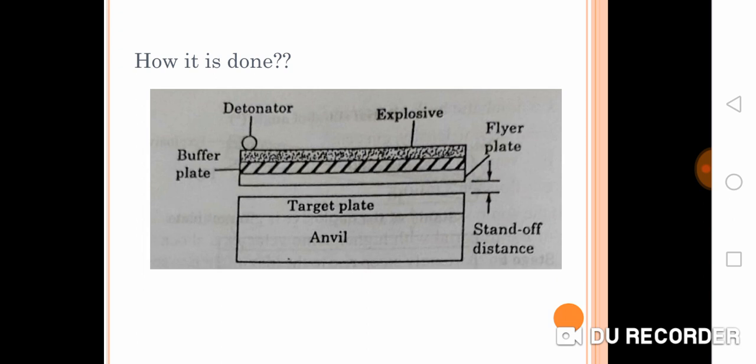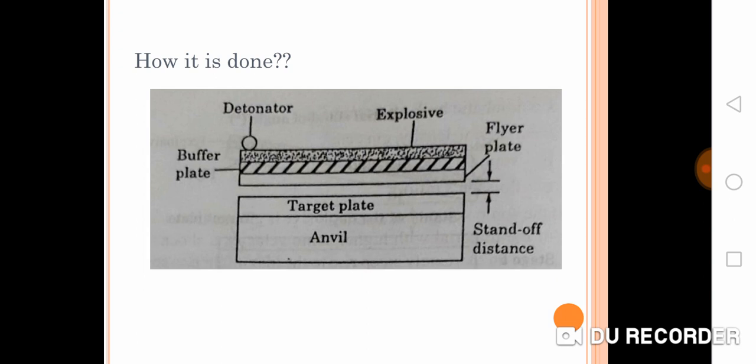Now how this is done, this figure shows the basic setup for an explosive welding process. You can see two plates, a target plate and a flyer plate, and these two plates are the plates which are to be joined using this welding process. And why is this known as the flyer plate and target plate? Because the flyer plate is the metal plate which is coming with very high velocity and hitting the stationary plate.